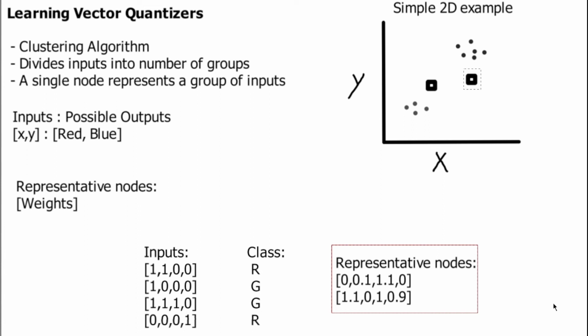They might now have values like this after being shifted once each. Now again, you would go through each and every one of these inputs and do this over and over again, and multiple times as well, until eventually, at the end, one node will have magically moved into the center of all of those points, and the other one would also move into the center of all of those other ones.